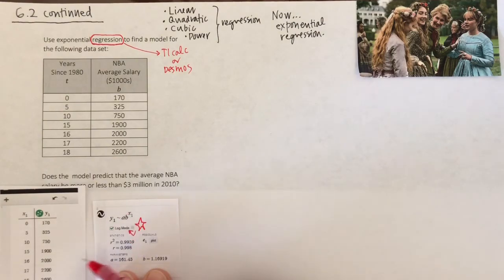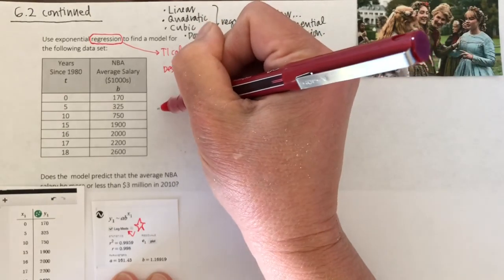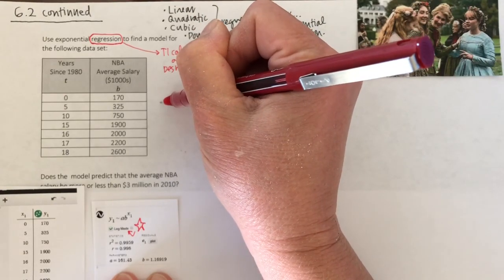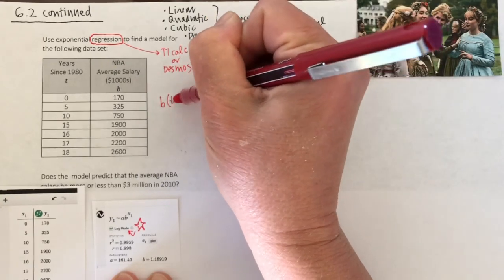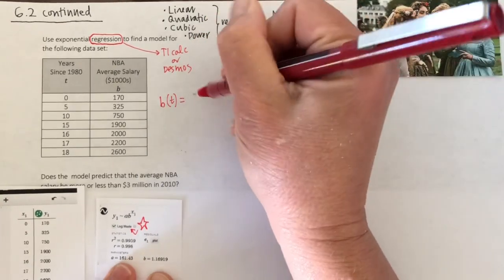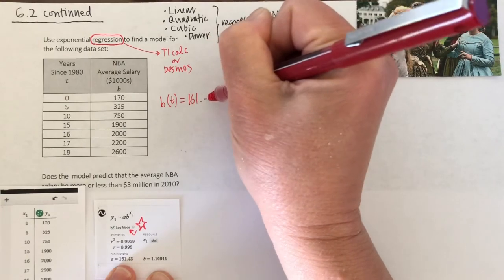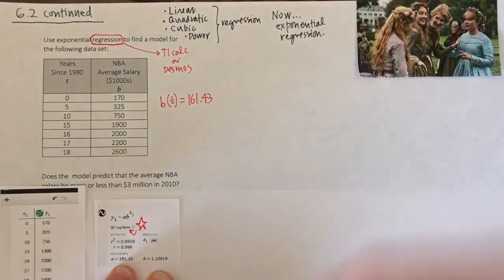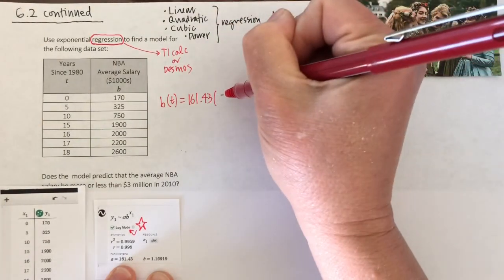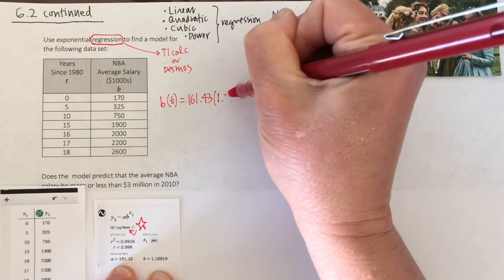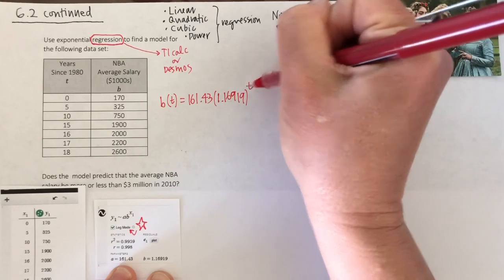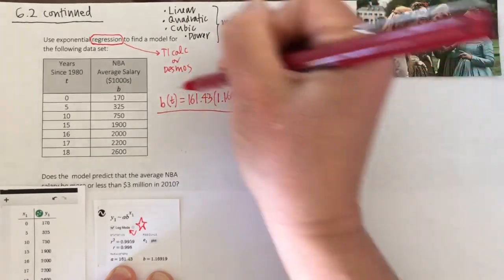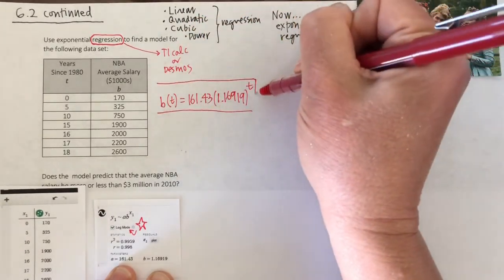Okay, once we do all that input, of course, Desmos just kicks it out. And Desmos tells us that the average salary as a function of years is 161.43 times our change factor, 1.16919, to the t. Regression's awesome because your calculator or Desmos really does the work for you.